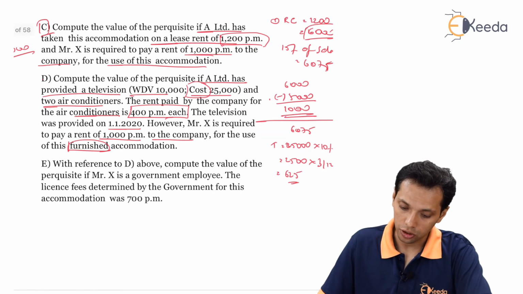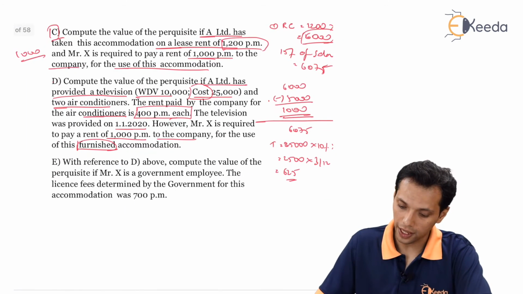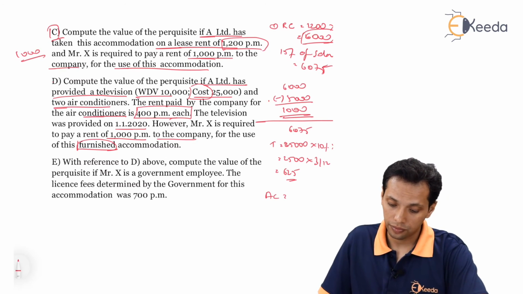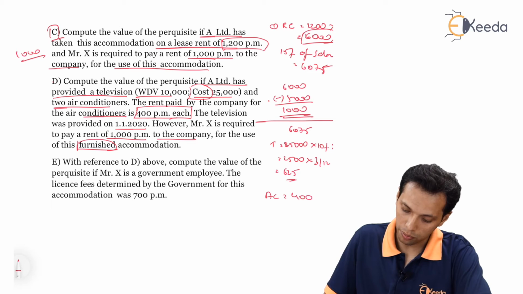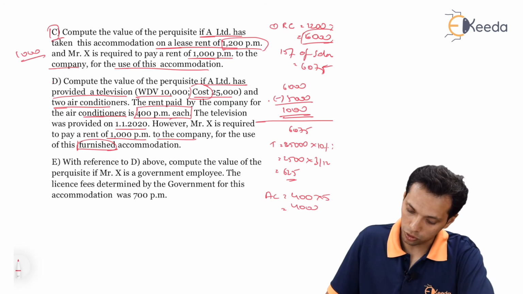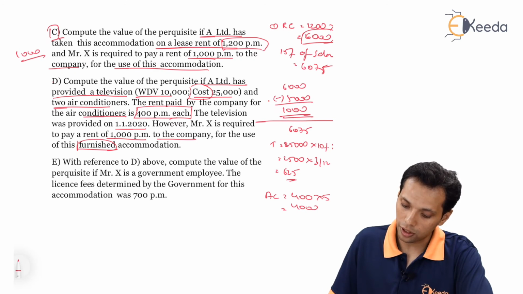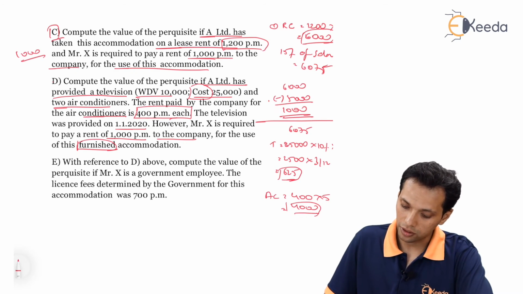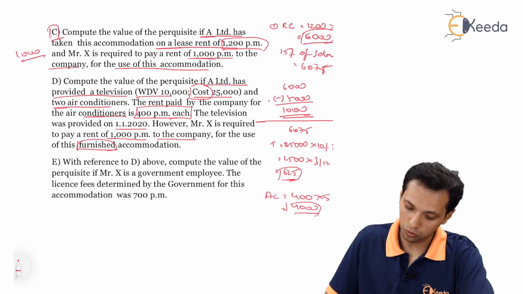And the cost of the air conditioner over here is 400 per month into 2 ACs. So it will be 400 into 5 into 2, which is 4,000. So the total furniture value in our case will be 4000 plus 625, which is nothing but 4625.